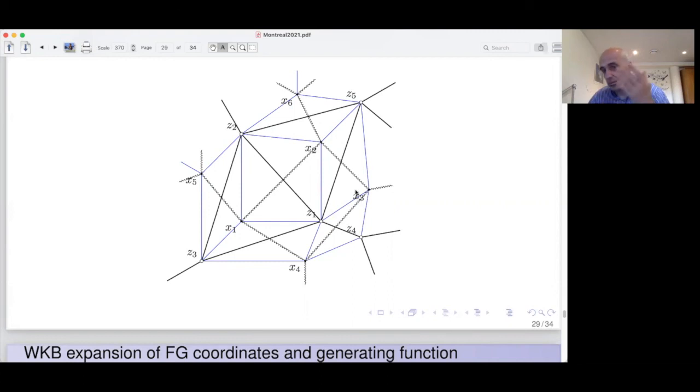So you have to make some choices anyway. But you say now, okay, now I can extend by linearity my Fock-Goncharov coordinates to the whole H minus. I can label Fock-Goncharov coordinates by elements of H minus. And then in H minus, I can take the symplectic basis and say, okay, now I assign Fock-Goncharov coordinates to A minus cycles, right?